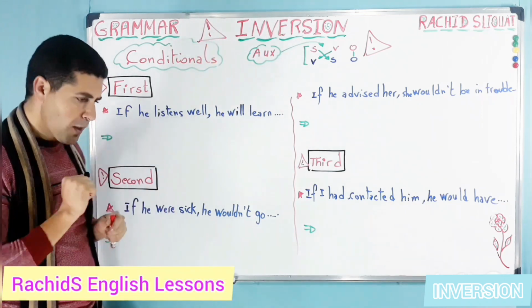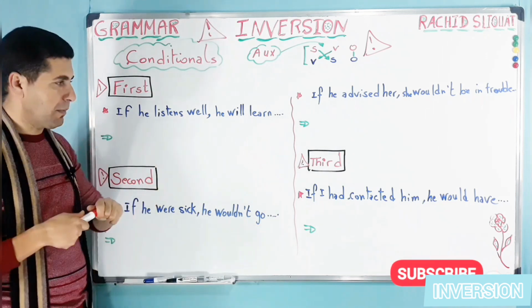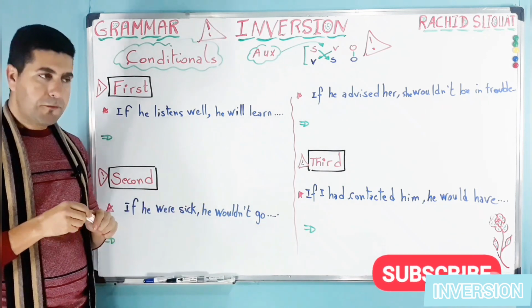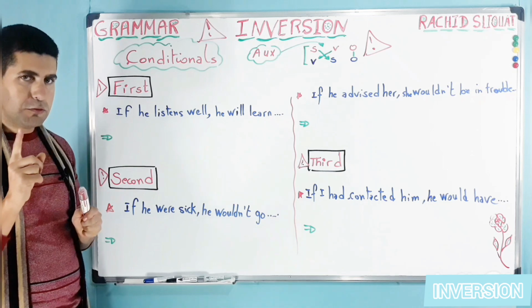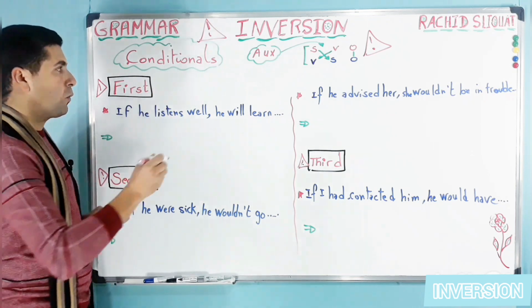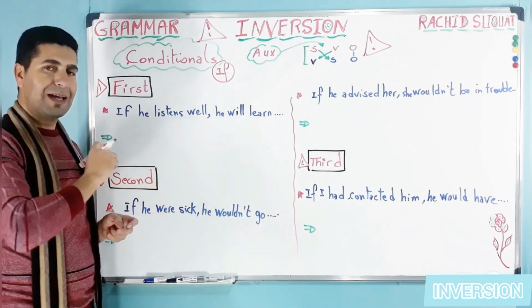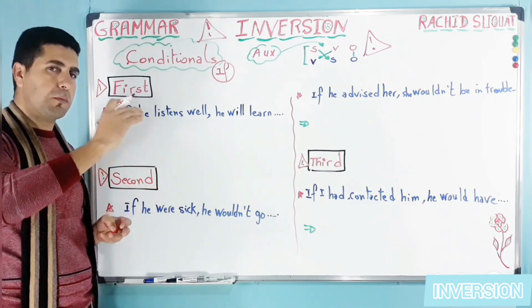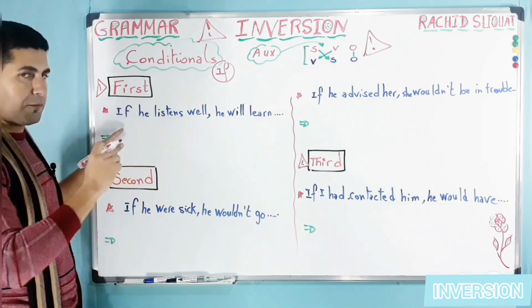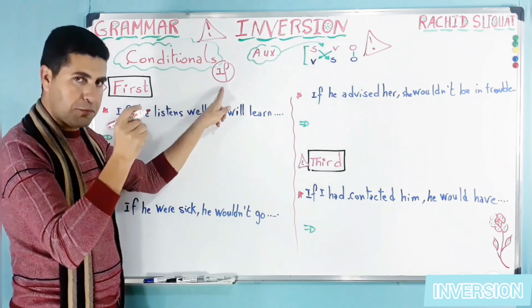Okay? All right. Now, before we move on to talk about inversion in these cases, the first thing that I'd like to tell you is that when we talk about conditionals, there is always what we call the if. Always, or at least most of the time, conditional clauses start with if.